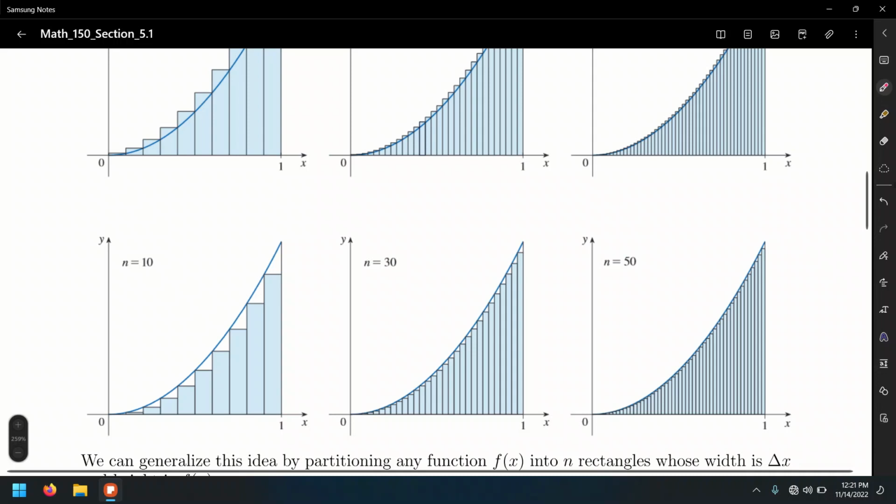We took a limit as delta x, or h, went to 0. So in this case, in a way, we are going to find another limit. And let me ask a question. How many rectangles do you believe is going to give us the actual area? Do you think 50 is the actual area? How many?